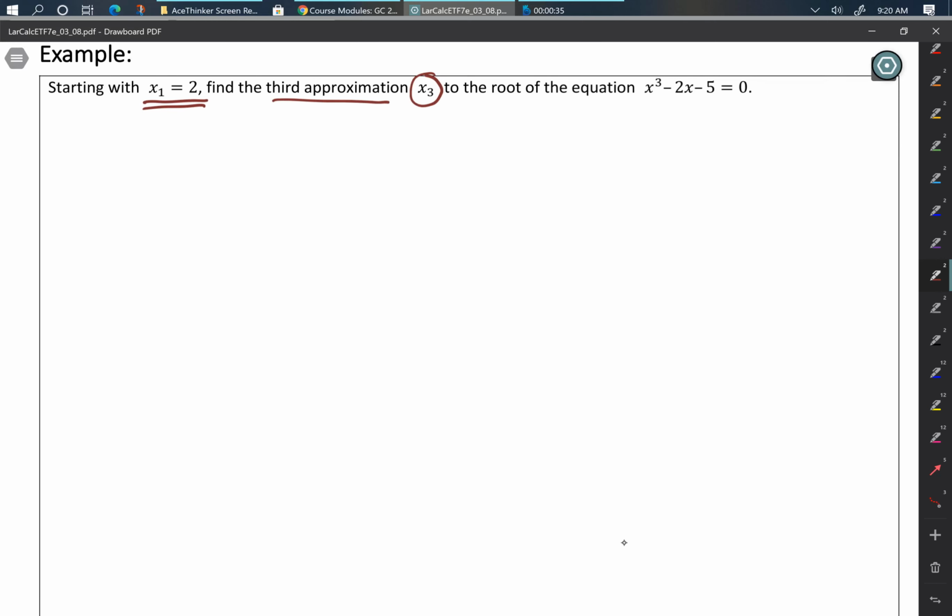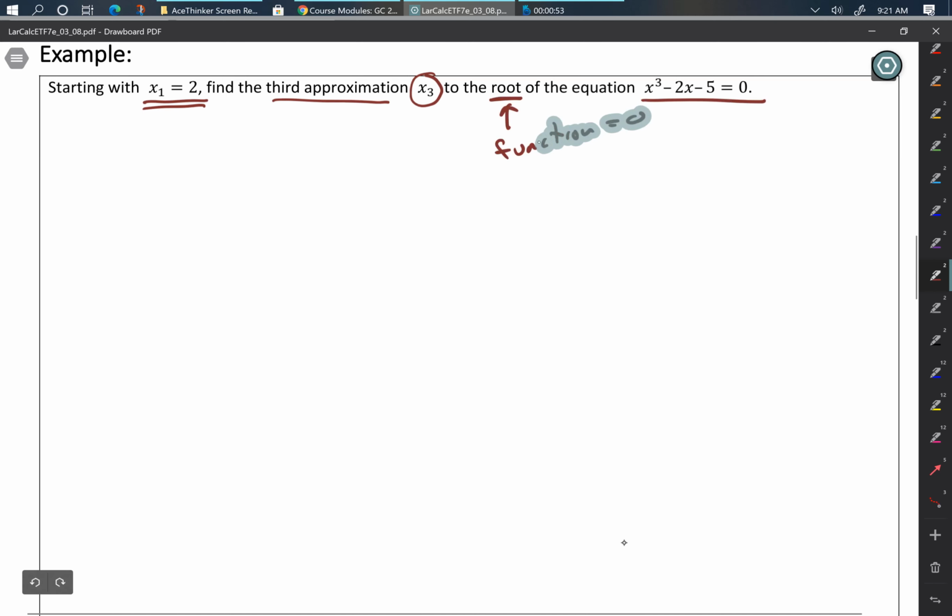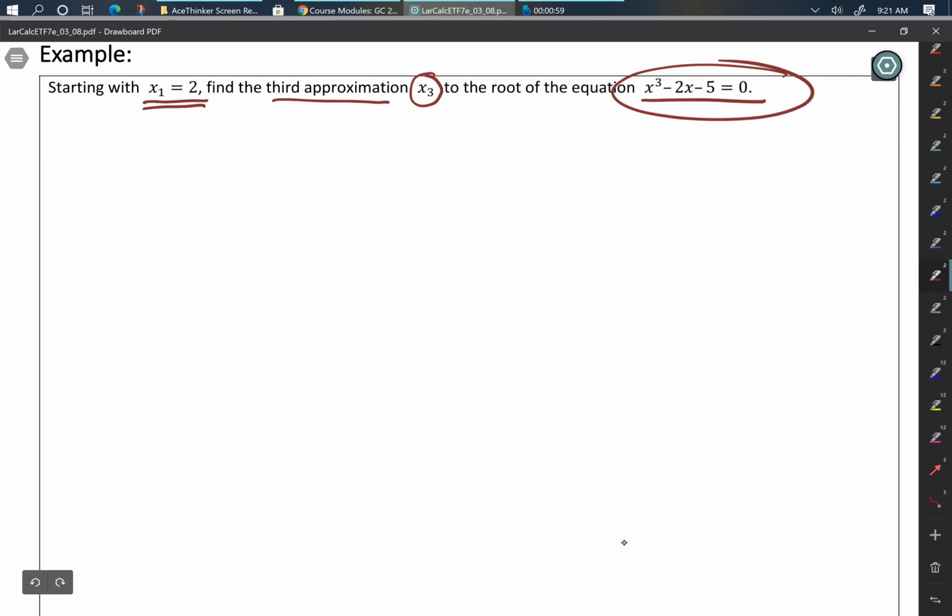And we're supposed to find the third approximation to the root of the equation x cubed minus 2x minus 5. Now remember, a root is when a function is equal to 0. So finding the root is the same as finding the 0, is the same as finding the x-intercept, okay? First things first. Newton's method does not solve equations.